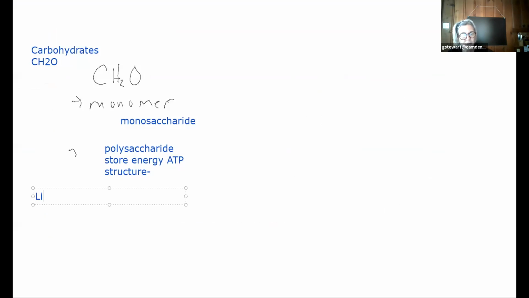So lipid category is a little more complicated. We will discuss three subcategories of lipids: fats, phospholipids, and steroids. Okay, they all share something in common with their structure. We're going to look for glycerol, so that's a carbohydrate.